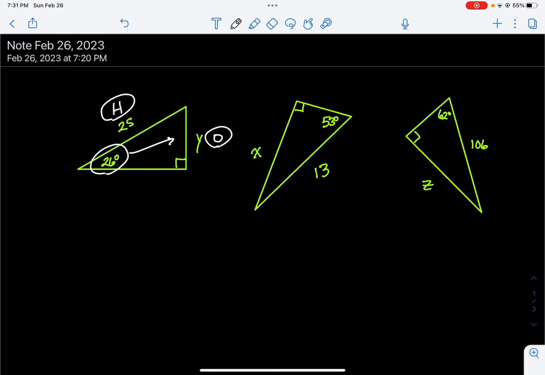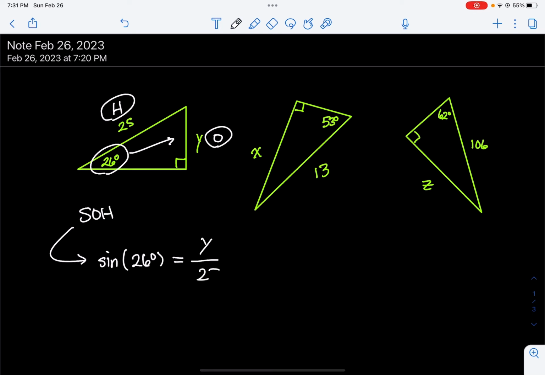If I asked you to solve for y, you'd be able to do it pretty easily. You have opposite and hypotenuse, that's the SO part of SOHCAHTOA. So sine of the angle, 26 degrees, is equal to the opposite, which we're calling y, over 25. Opposite over hypotenuse.